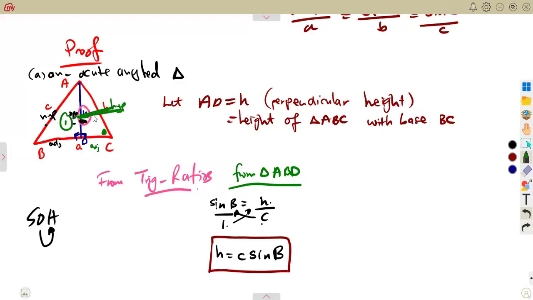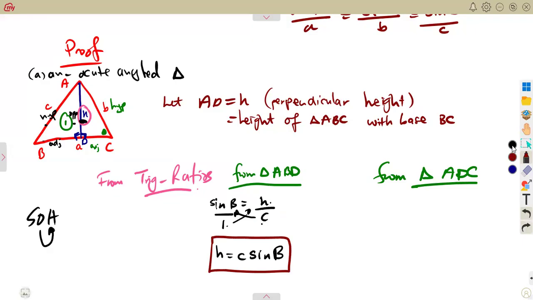We are focusing on opposite and hypotenuse because we need a sine, not a cos, not a tan. So from this triangle ADC, we are going to obtain another ratio involving the h, which is the one that we want to write in terms of.